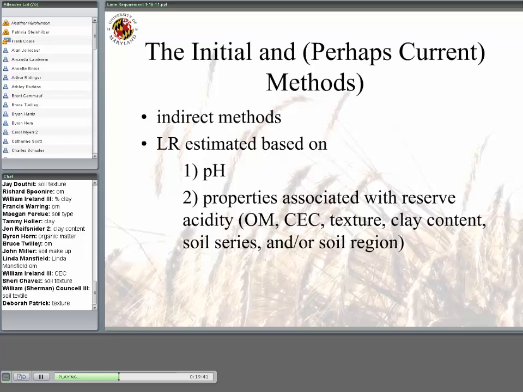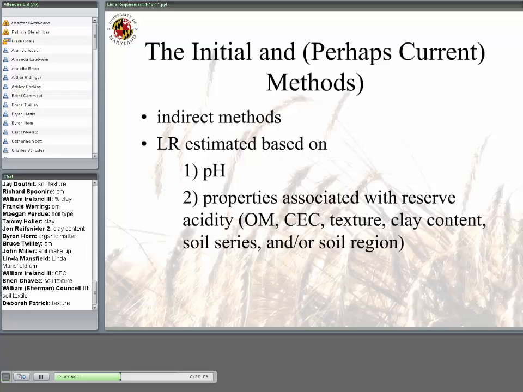It was estimated based on soil properties. Now, we already talked about the soil properties associated with reserve acidity, and when you look at the procedures that many states use to determine lime requirement, they include some subset of these: organic matter, cation exchange, texture, clay content, soil series, or soil region.